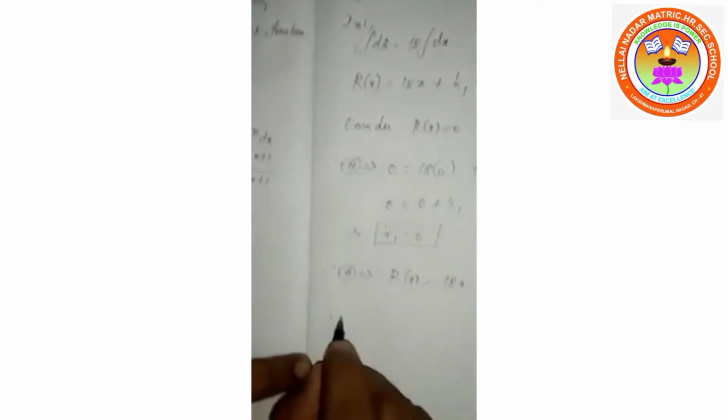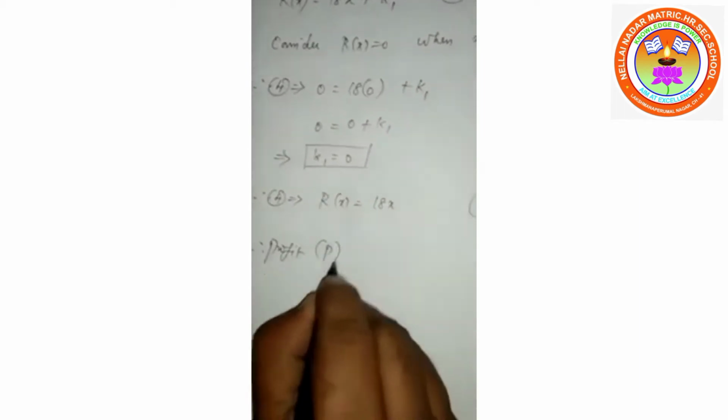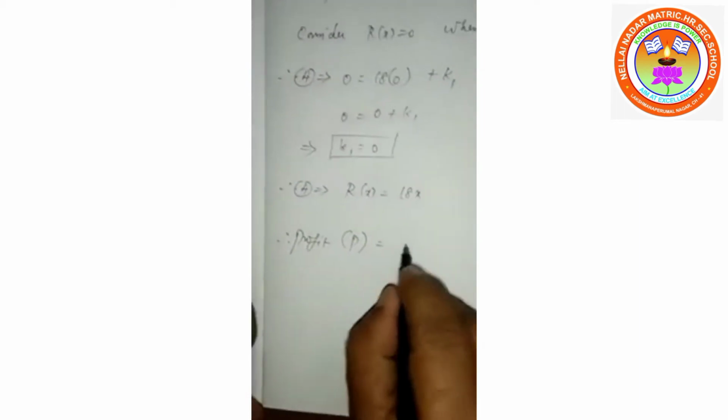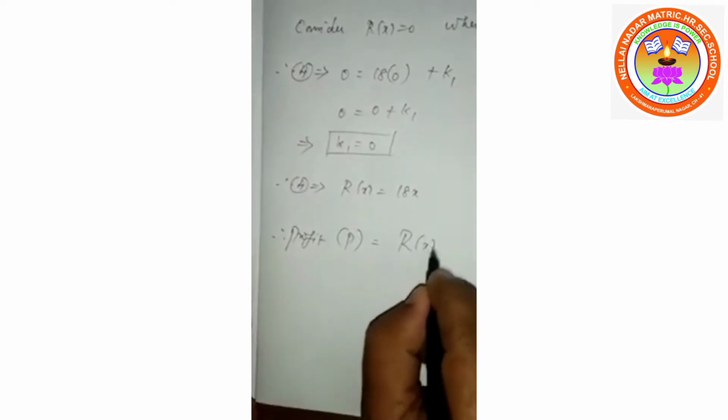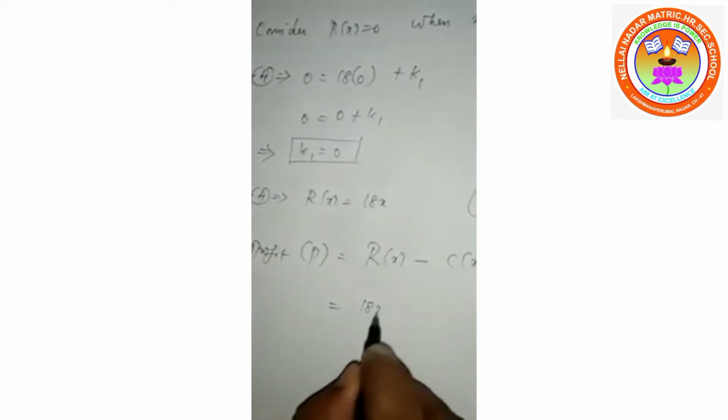Therefore, profit P equals profit formula, revenue minus cost. That revenue, here it is 18x, minus C of x, here it is 5x plus 0.13 x squared by 2 plus 200.